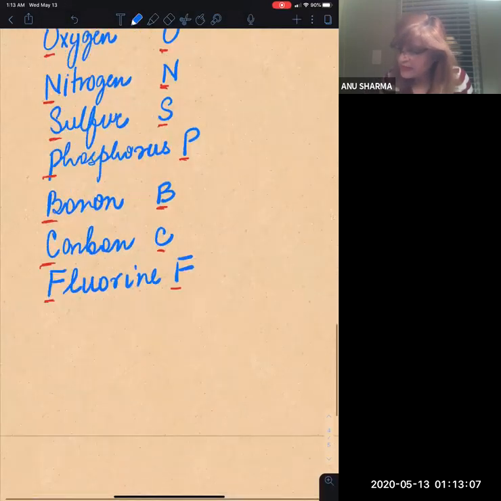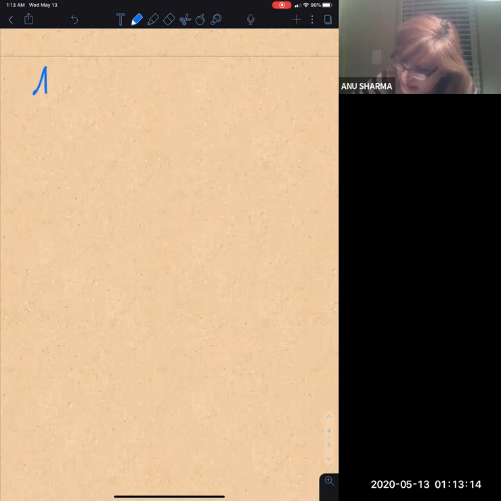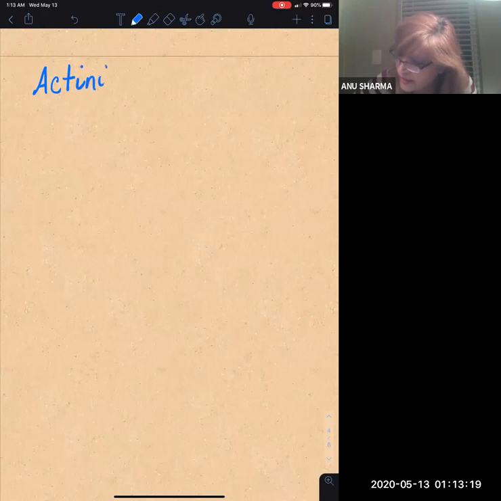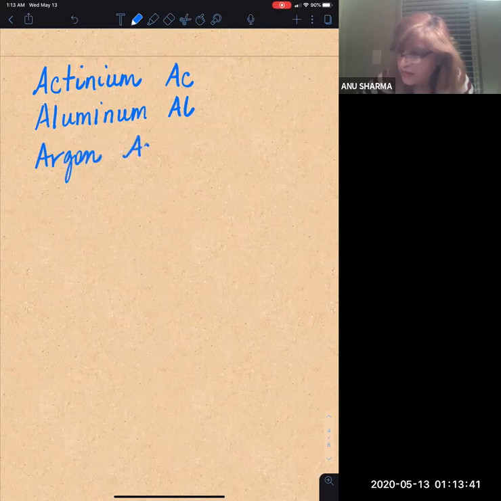Next, we are going to look at some of these elements whose first two letters become their symbols. For example, actinium, A-C-T-I-N-I-U-M, Ac. Aluminum, A-L-U-M-I-N-U-M, Al. Argon, A-R-G-O-N, Ar.